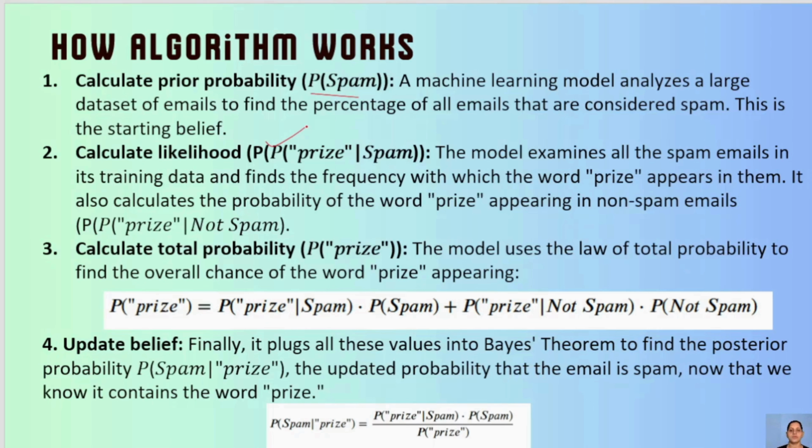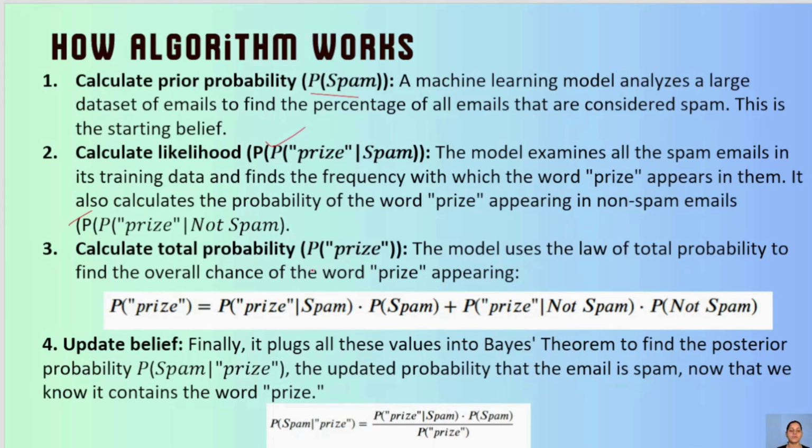That means my model will examine all my spam mails in its training data and find the frequency with which the word price appears in them. It also calculates the probability of that price appearing in non-spam emails as well. So it will take both considerations.